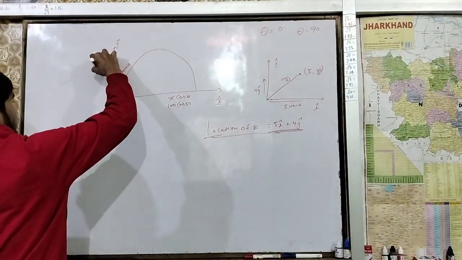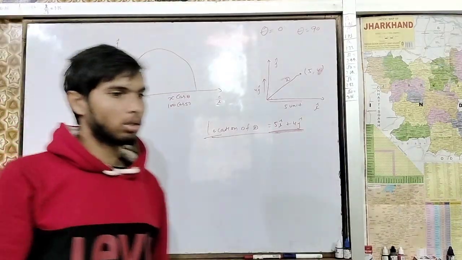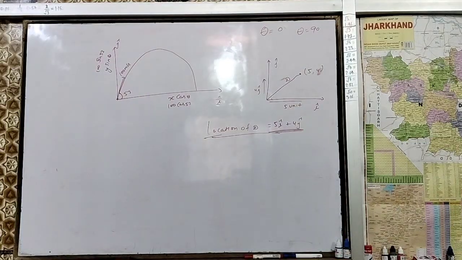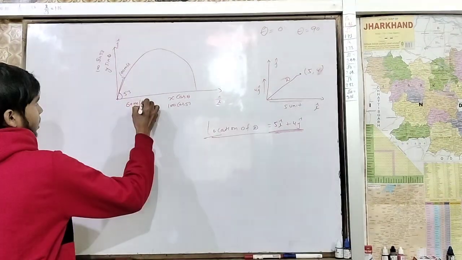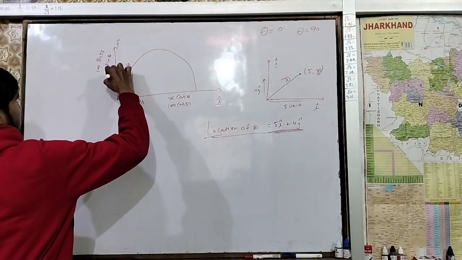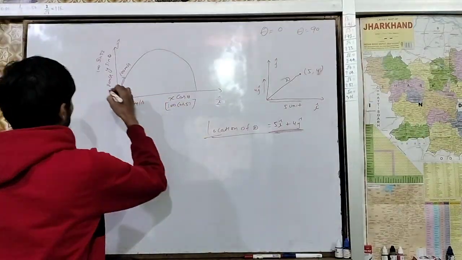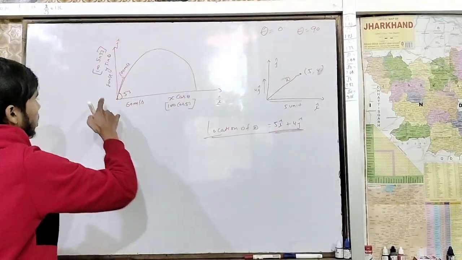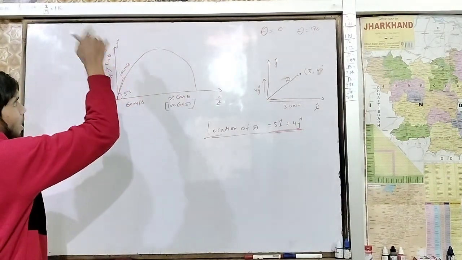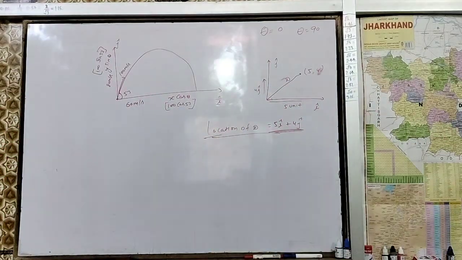Put over here 100 and sin 53. Whatever value comes from this equation, this will be your 60 meters per second and this will be your 80 meters per second. After solving this, you are going to get 80 meters per second upward for vertical and 60 meters per second for horizontal.